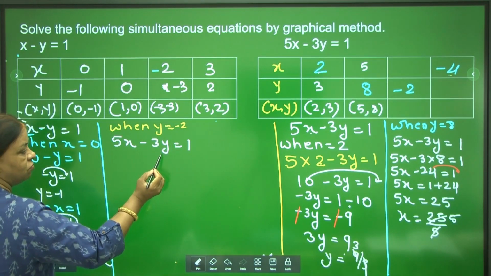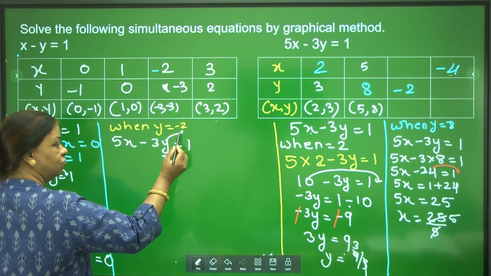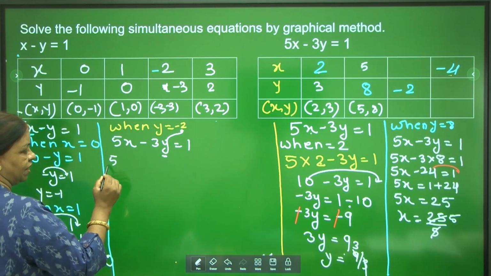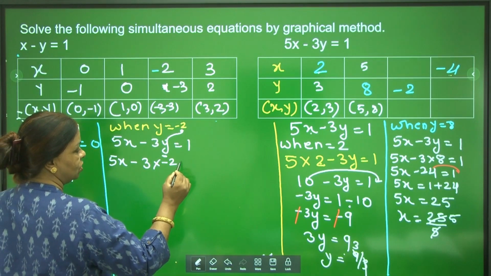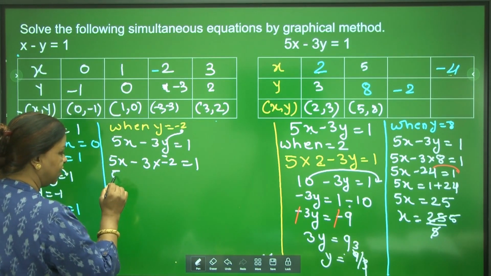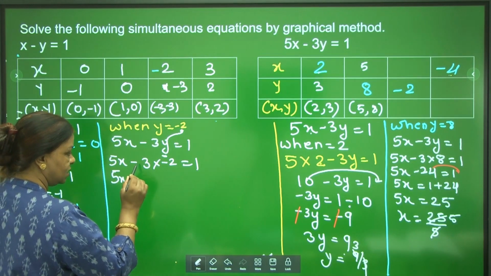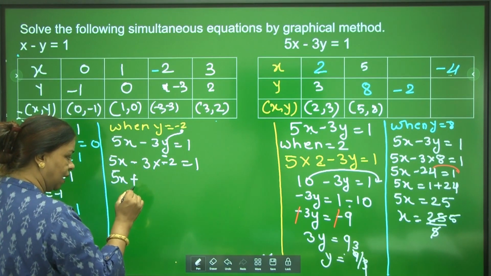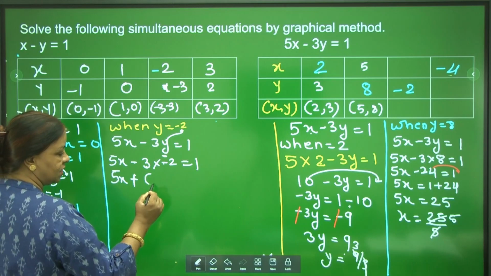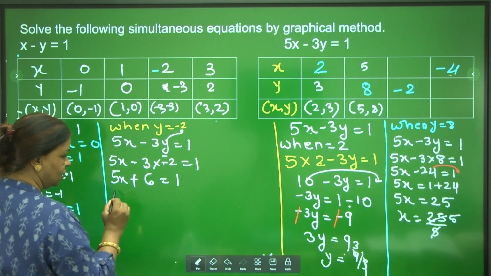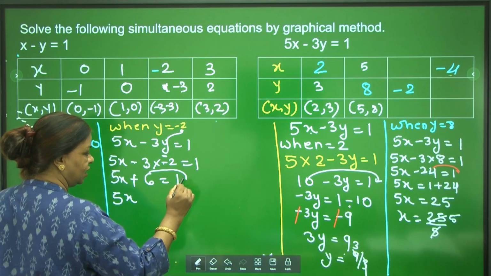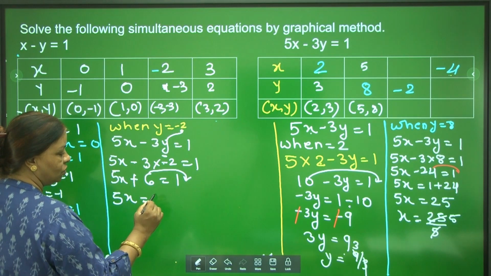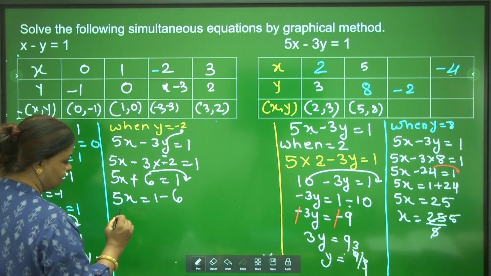In place of y, I will be placing the value of y. So 5x minus 3 into minus 2 is equal to 1. 5x, minus into minus will become plus. 3 2s are 6 is equal to 1. So 5x, 6 will come this side and it will be subtracted, equal to 1 minus 6.